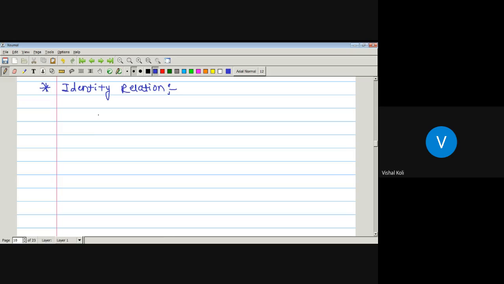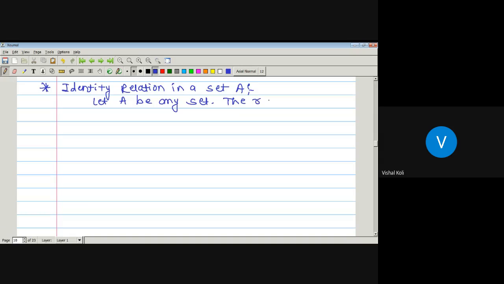Identity relation in a set A. Now we have to see all the relations which are defined on a set A to A. Here we have to define what is the identity relation in a set A. Let A be any set.